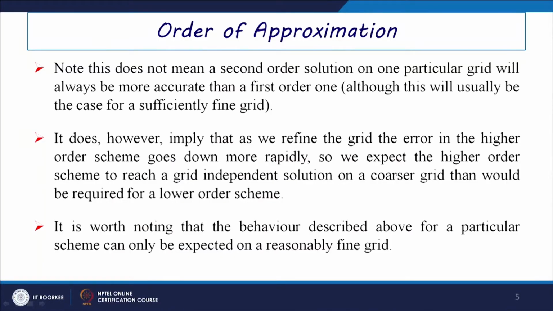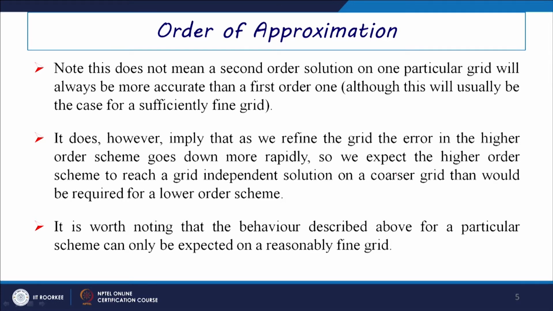Sometimes we consider first order accuracy, or sometimes second order accuracy, for a particular grid, since at that point we consider either two points or extend to forward marching or backward marching. However, it does imply that as we refine the grid, the error in the higher order scheme goes down more rapidly.